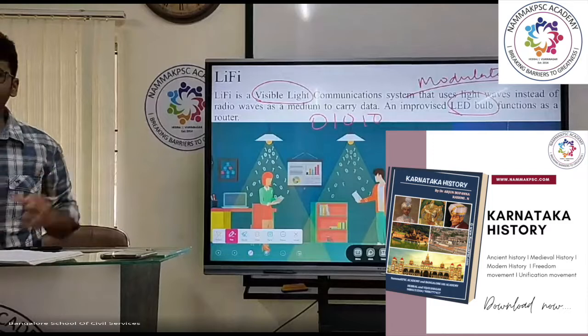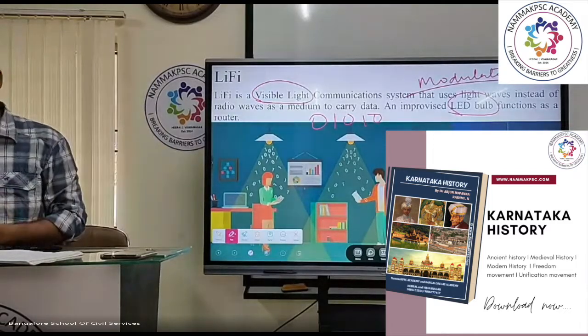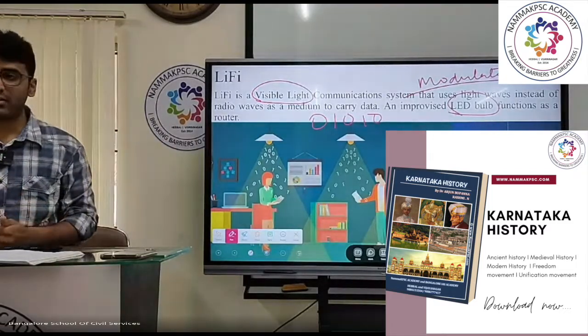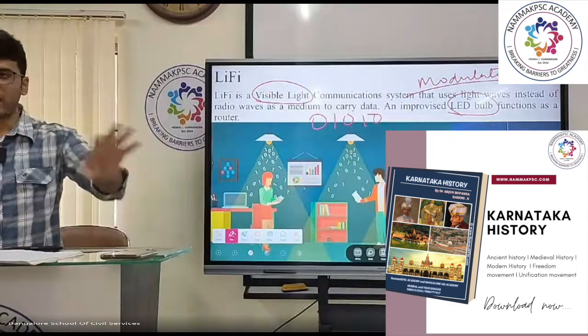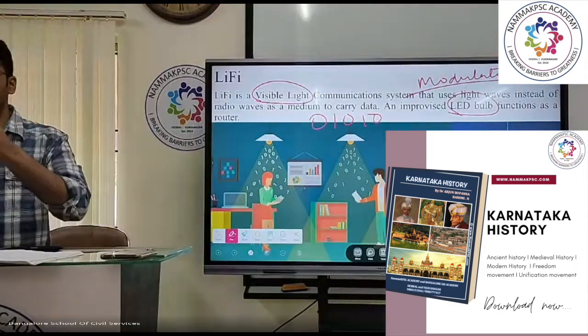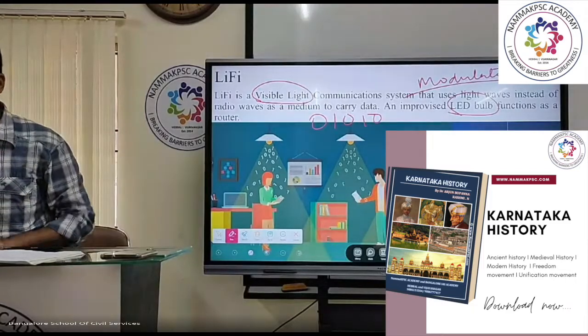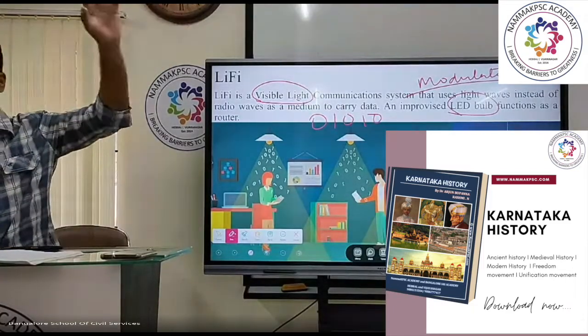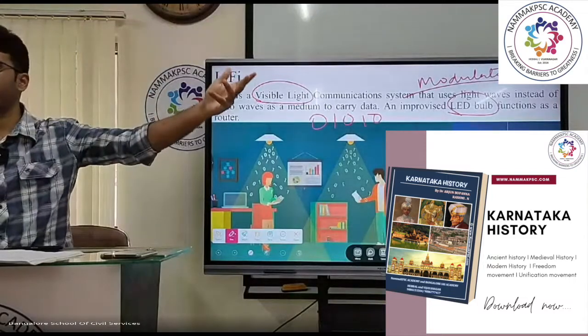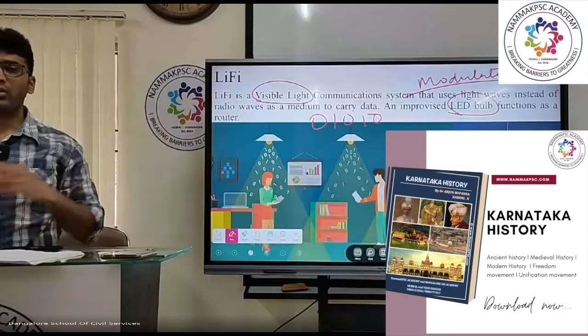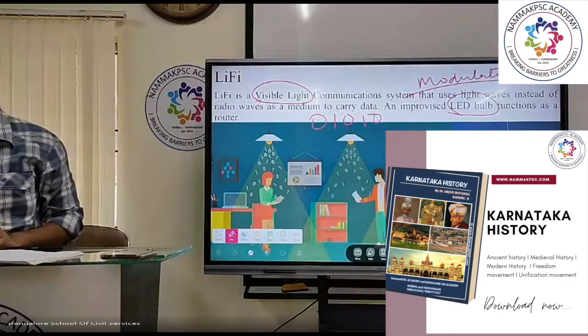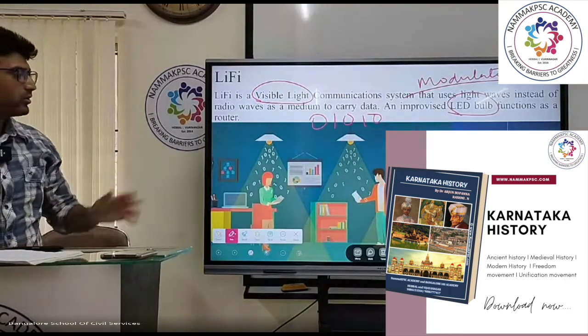So imagine if this can be connected to the headlight and the tail light, then vehicles should also be able to communicate with each other. If the vehicle in front is slowing down, it will send that information to the vehicle behind it so that it will also automatically slow down. If there is a red light, for example, the vehicle will automatically detect that. So the possibilities are several.